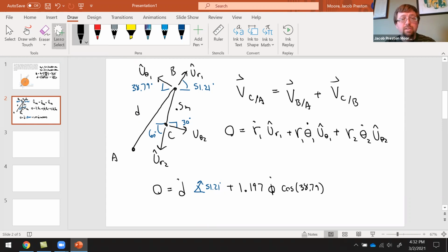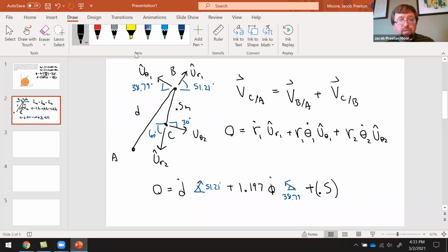Or sorry, I shouldn't be putting this in yet. I should be putting in the direction, which is the U theta 1 direction, which is 38.79 degrees, like so. Plus R2, that is simply 0.5 times theta dot 2.